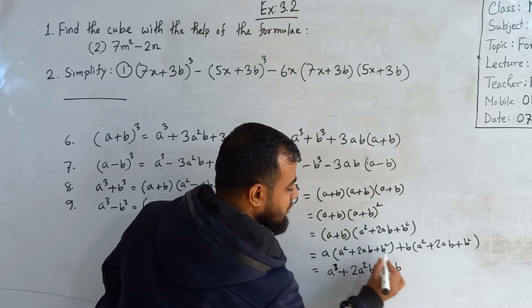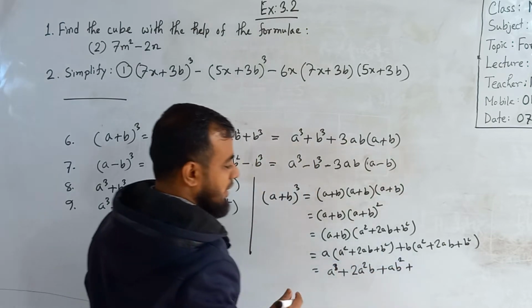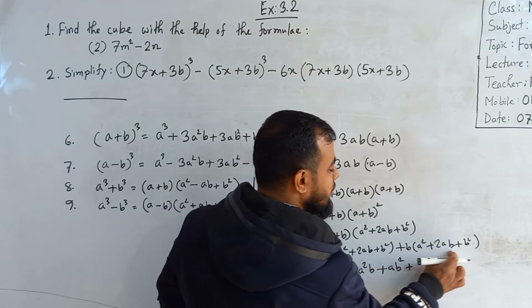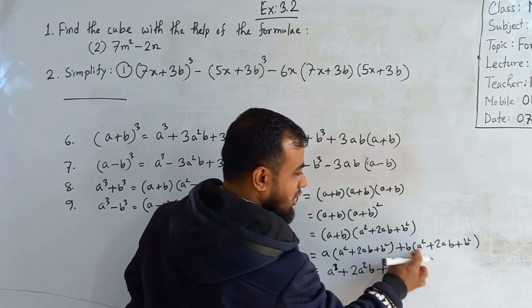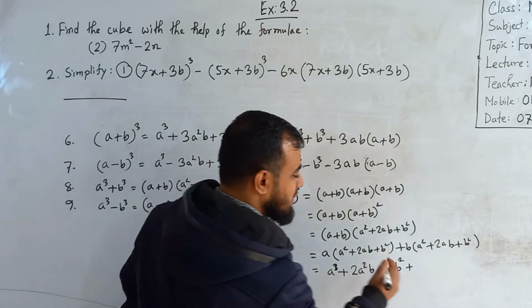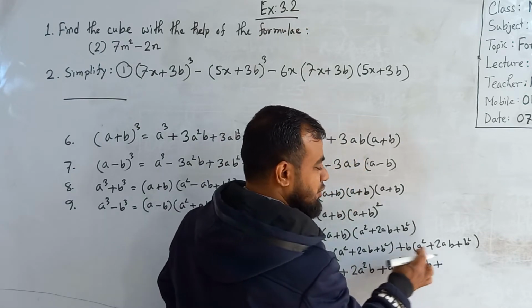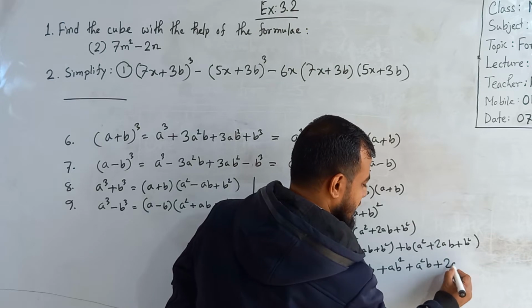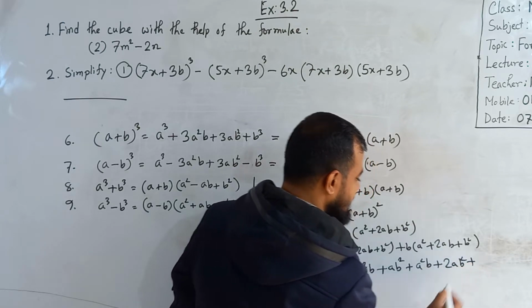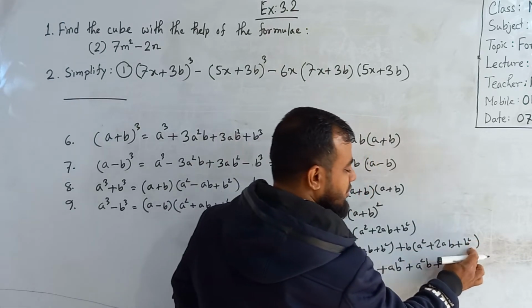Plus now b is multiplied with all of this. So b into a squared means a squared b. Then b is multiplied with twice ab, so it will be twice a b squared, plus b is multiplied with b squared, which is b cube.